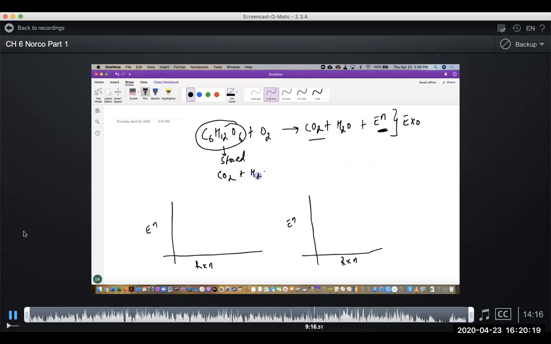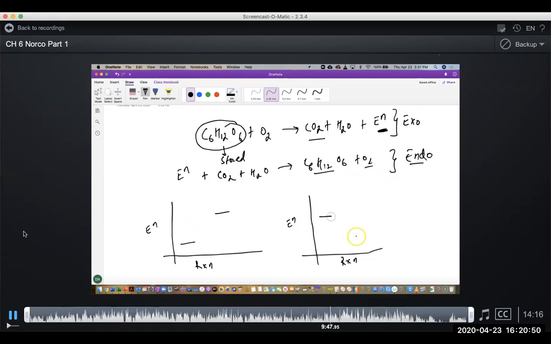If we take CO2 and water and change it into C6H12O6 plus oxygen, that is an endothermic reaction. Why is this endothermic? Because you have to supply energy. You have to put energy into this reaction to form glucose and oxygen, and that's why this is an endothermic reaction. So if you have to draw that here, we need to draw where the reactant is going to be and where the product is going to be.